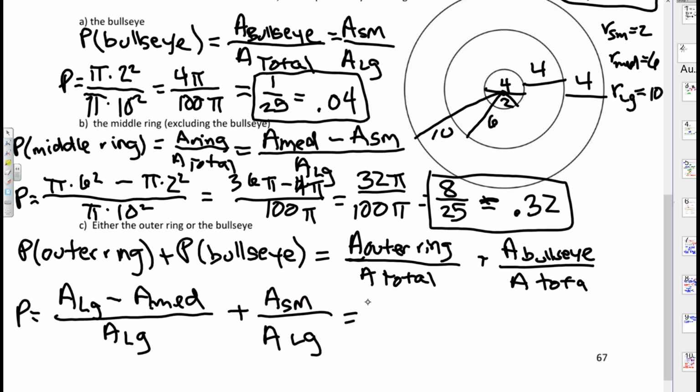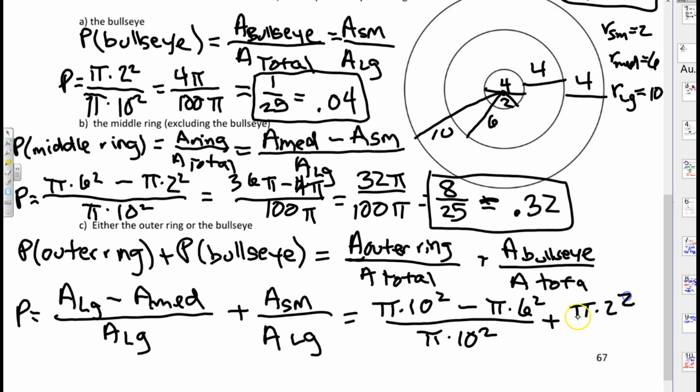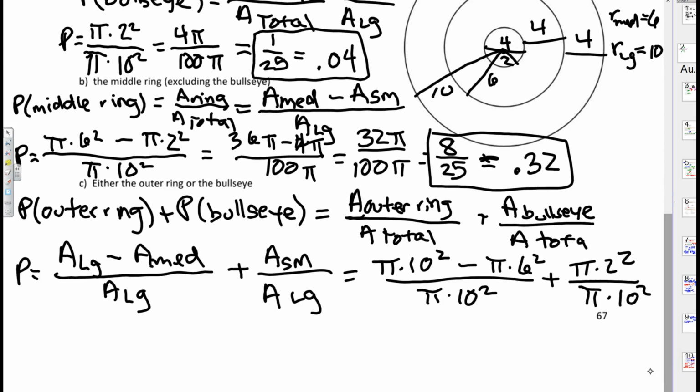So let's plug that in. For my large circle, the formula for area is pi times r squared, where r is 10. So I do pi times 10 squared minus the area of my medium circle, pi times 6 squared, divided by the area of the large circle, pi times 10 squared, plus the area of the bullseye, the small circle, pi times 2 squared, divided by the largest thing in the picture, pi times 10 squared. We're going to simplify these now.